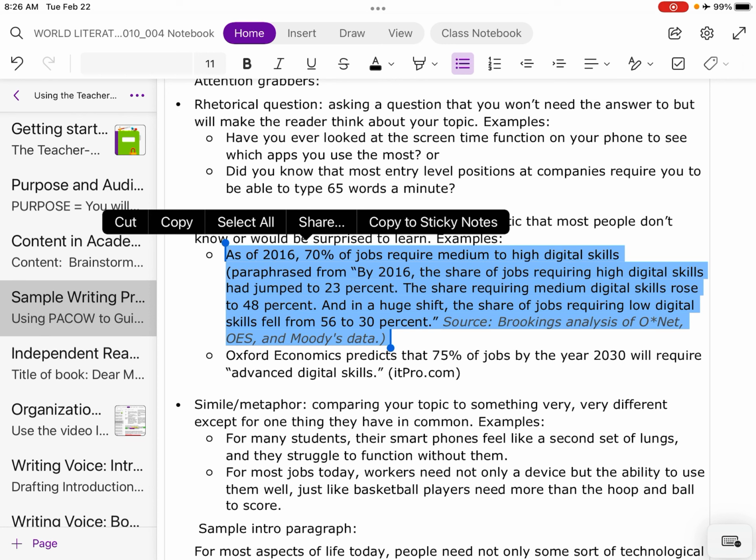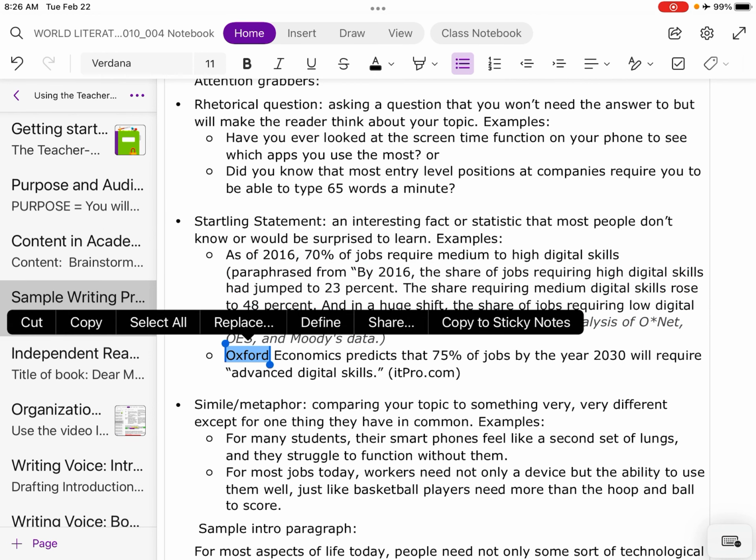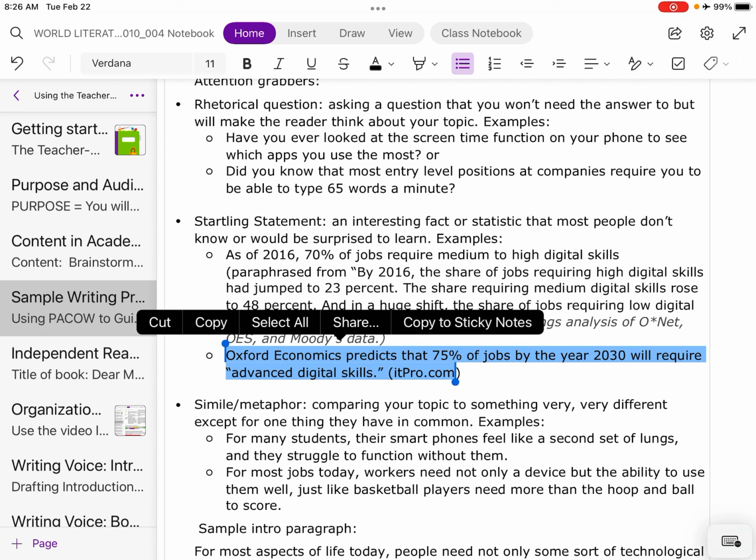I paraphrased that from an outside source. I didn't make it up, is what I'm saying. I don't want you to make up startling statistics. The next example, Oxford Economics predicts that 75% of jobs by the year 2030 will require advanced digital skills. And you'll see in parentheses, I put the website where I got that information.